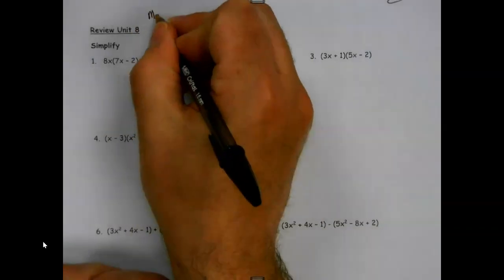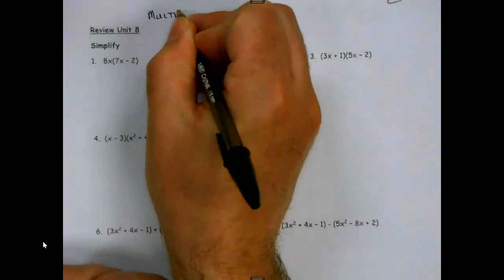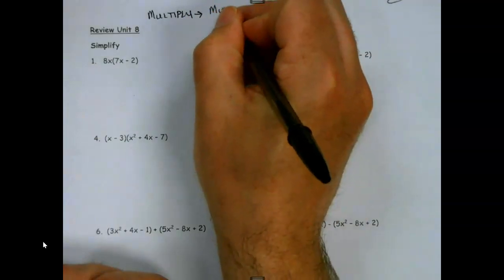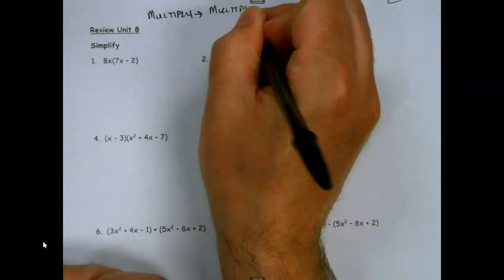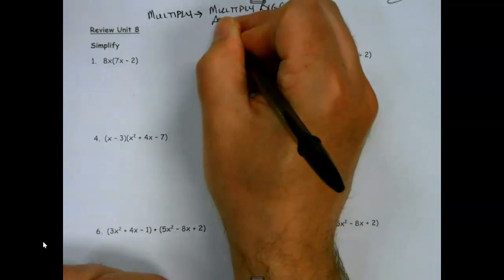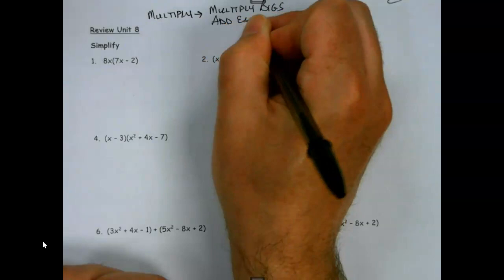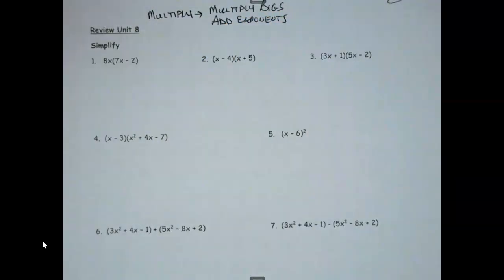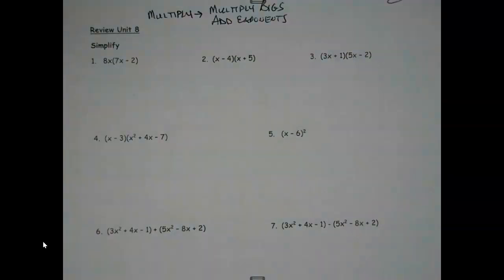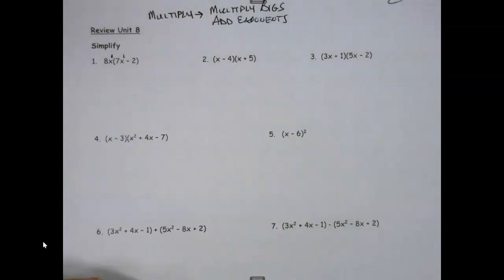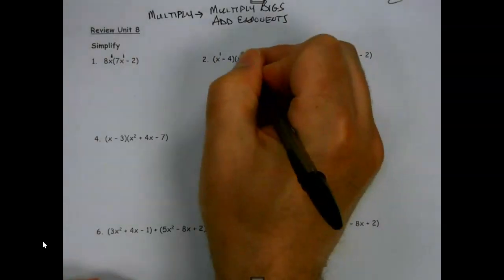When you multiply, multiply the bigs, add the littles, but I'm going to write the word exponent here. So as I work you around a little bit, remember, if you don't see exponents on something, there are ones there.